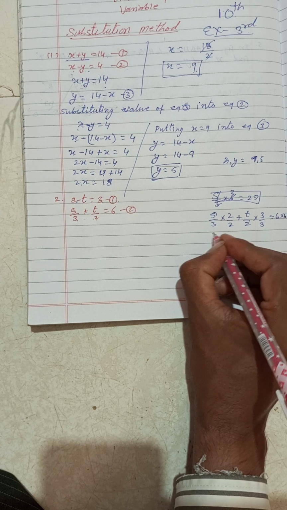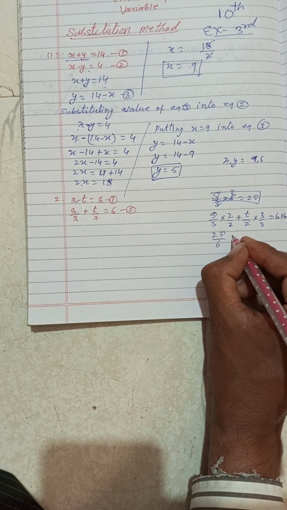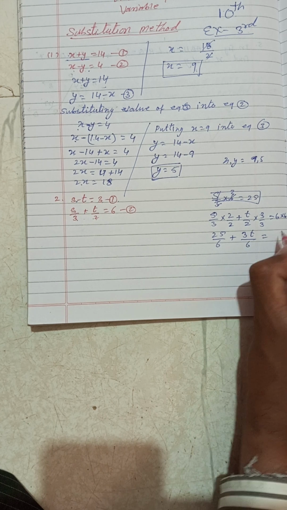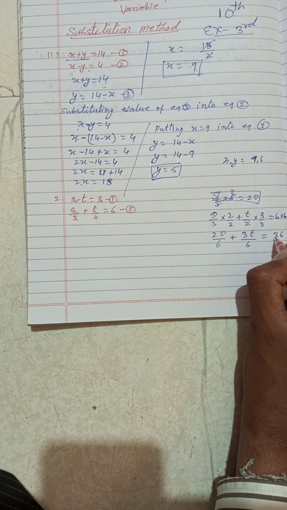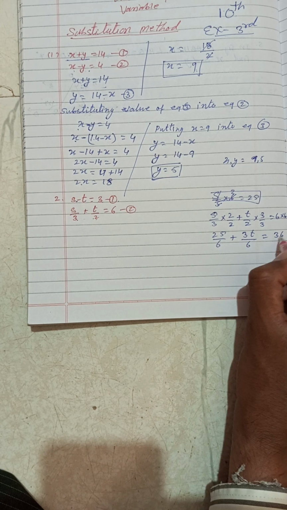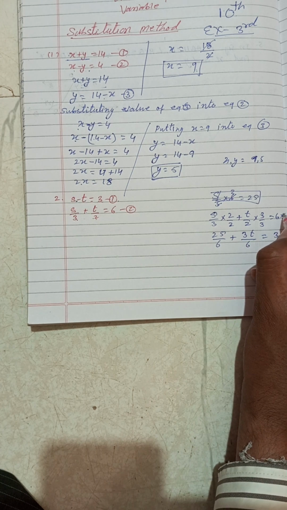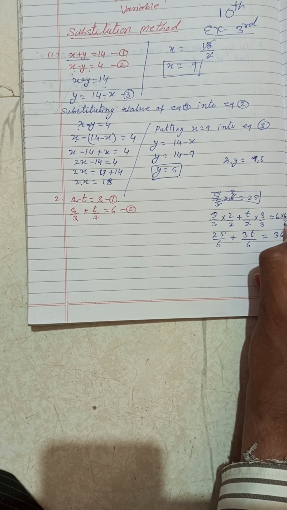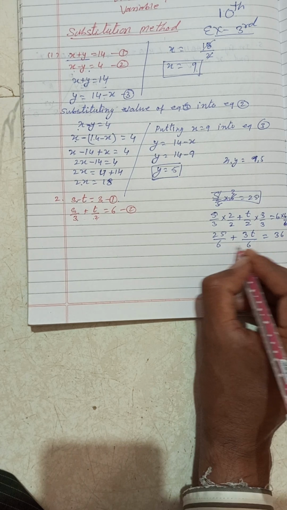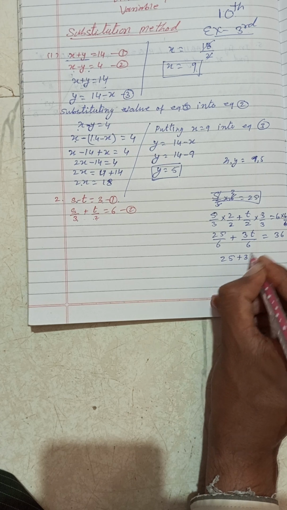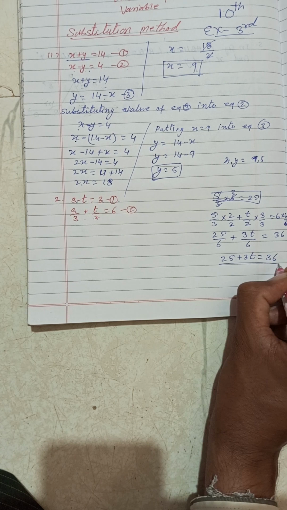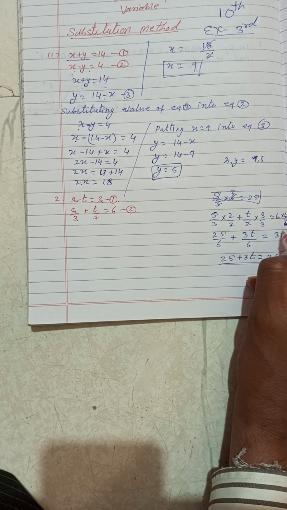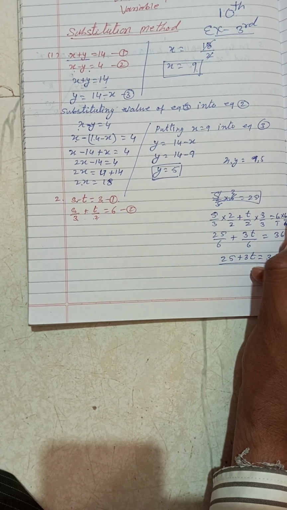So this becomes 2s by 6 plus 3t by 6 is equal to 6 into 6, that is 36. The 6 on the downside can also be there, 6 by 6, so 1 only. So 2s plus 3t is equal to 36. It is like that because the LCM is taken on both sides.